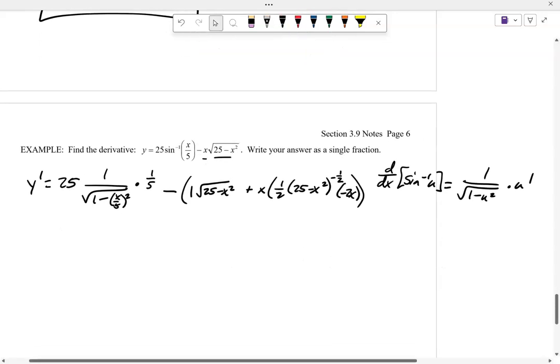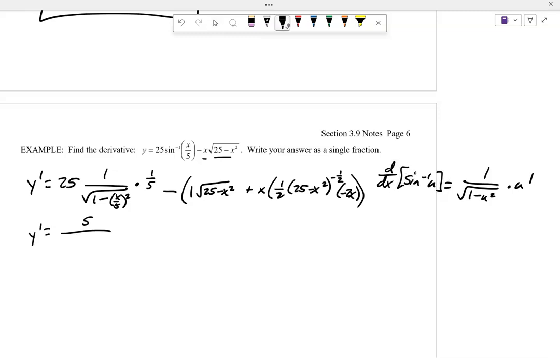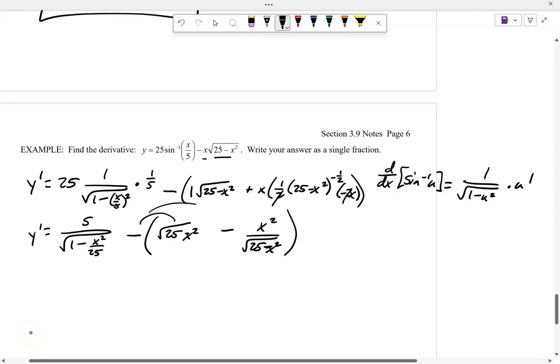And so it looks like we've got 25 times 1/5, so I've got 5 over the square root of 1 minus x squared over 25, and then minus the square root of 25 minus x squared, and then it looks like I got a negative 2 over 2, so I've got a negative, minus an x squared over the square root of 25 minus x squared. I'll go ahead and distribute that now.